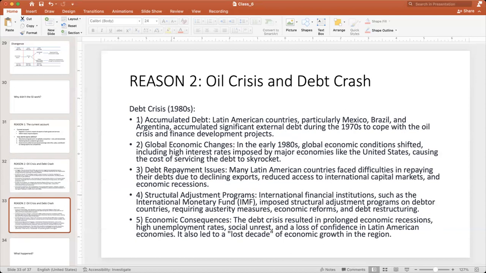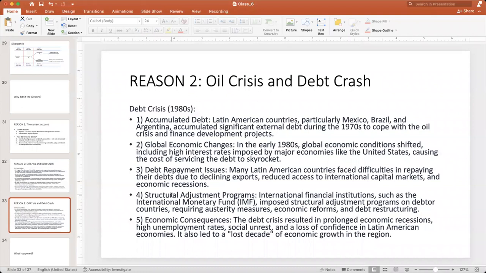The Latin American countries, such as Mexico, Brazil, and Argentina, accumulated significant external debt during the 70s to cope with the oil crisis and finance development projects. In the early 80s, the global economic conditions shifted, and the cost of serving the debt skyrocketed.